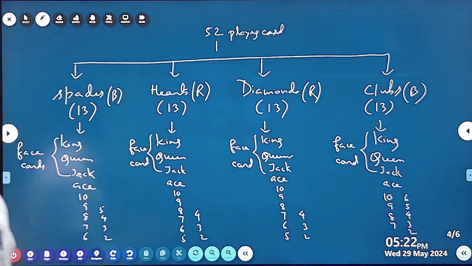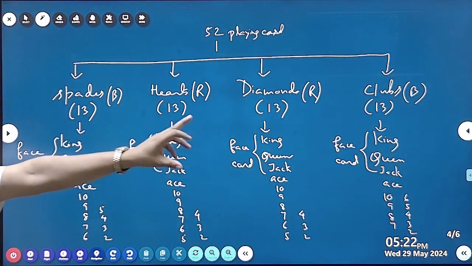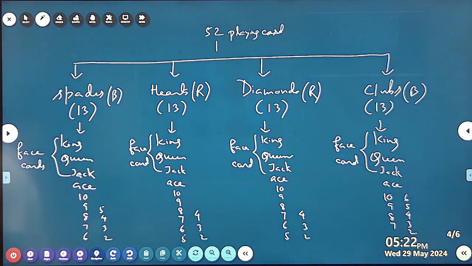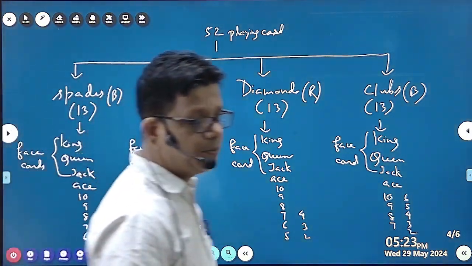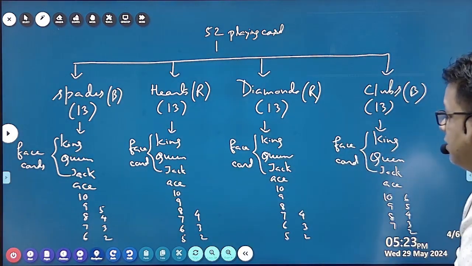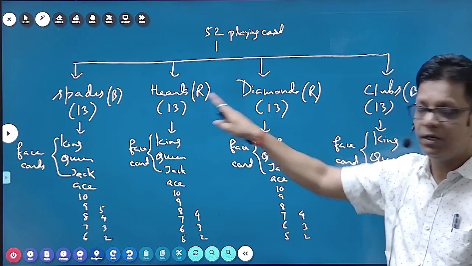The first question is, try to answer how many face cards are there in total. In each category three. How many categories? So total face cards are 12. Now, what is the probability of getting a red face card? These are red, these are also red.